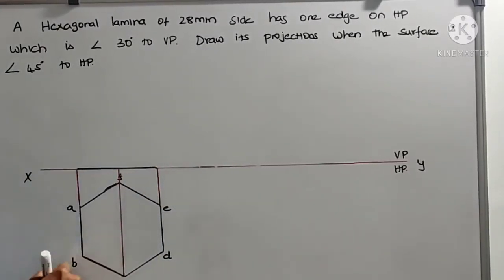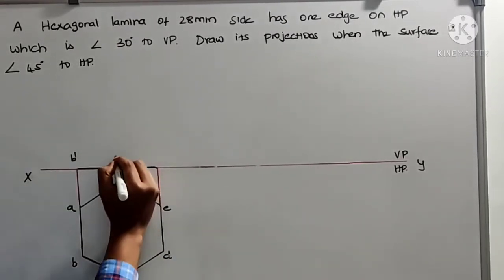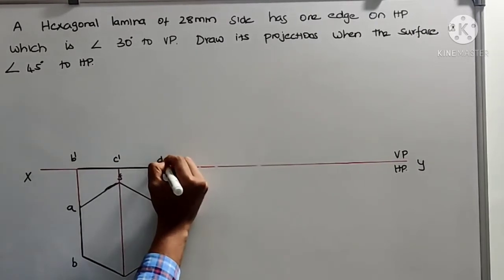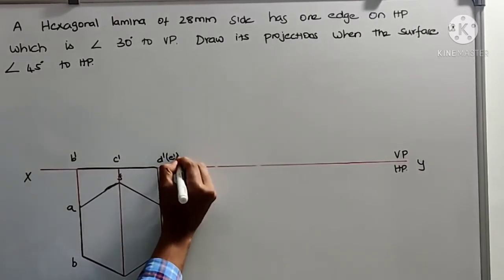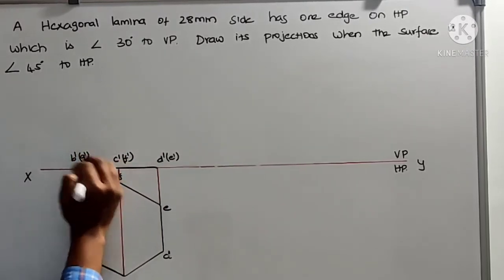If you see from here, these regions will be visible. That means B dash, C dash and D dash will be visible. D dash, F dash and A dash will be in brackets.